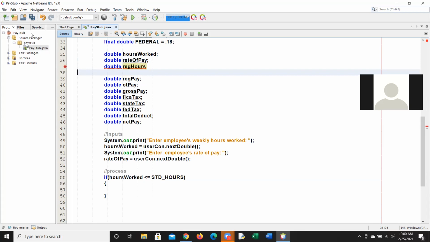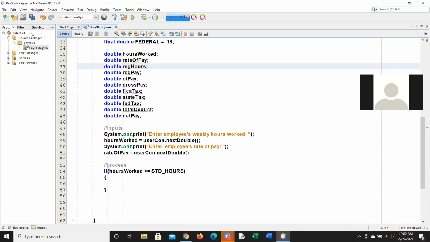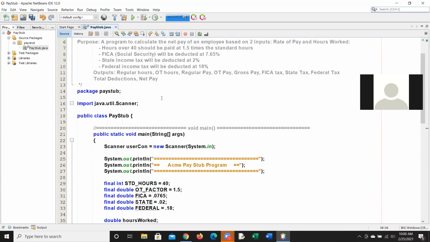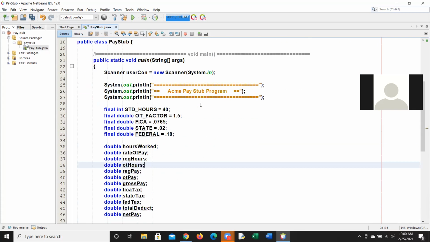Regular hours. And then we need one for double OT hours. So there's 2 more you need up there. Okay. Did I have them listed up here? Yeah, I sure did. I just skipped right over them.